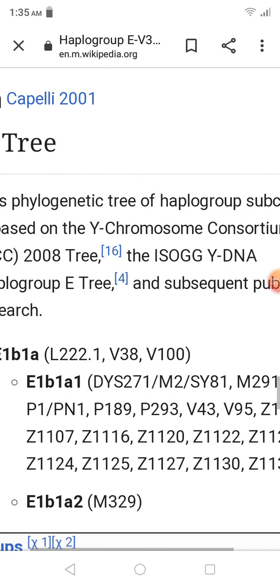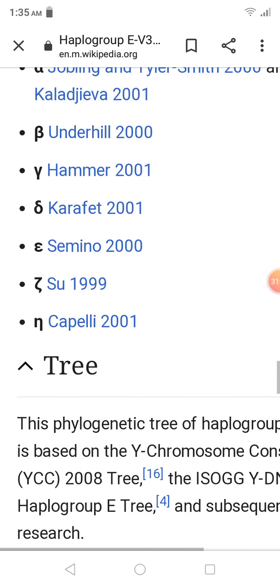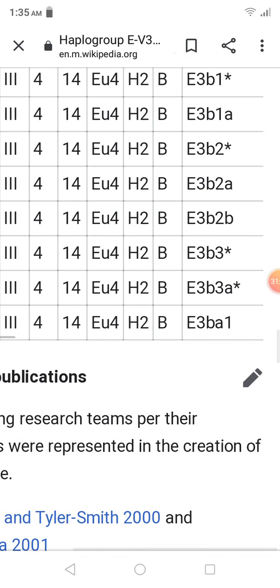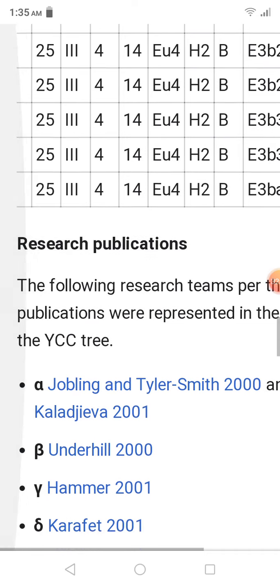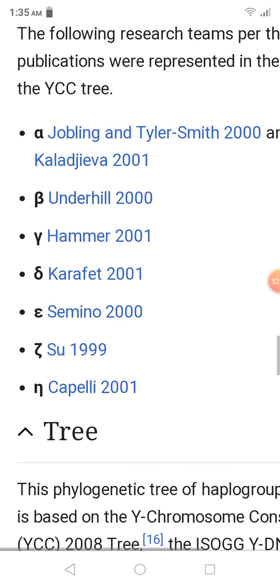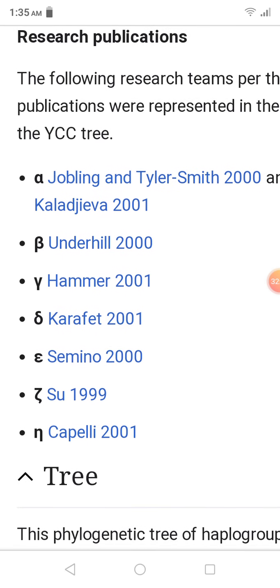So these branches are very big, and often when I show you the different charts, if I do show you another chart similar to this, all those chartings are done by this group of scientists.